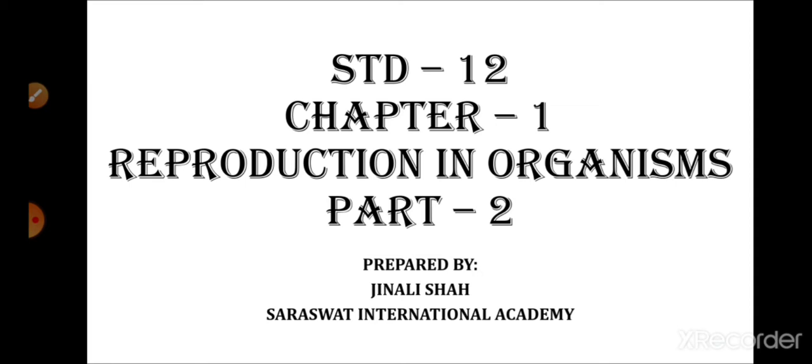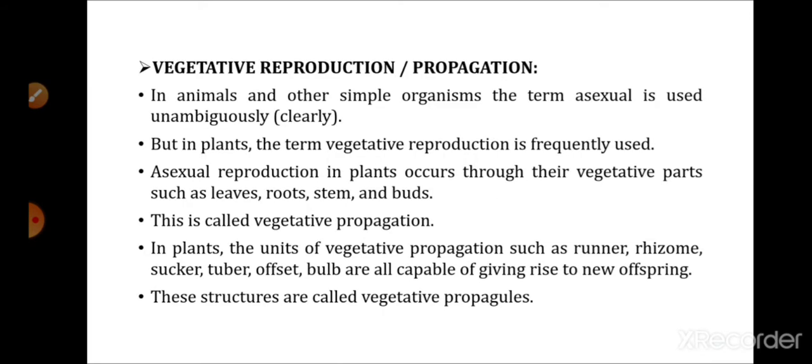In today's lecture also, we will continue with the process of asexual reproduction. Basically, today we will be studying reproduction in higher plants, how asexual reproduction occurs in higher plants. So, let us continue with the topic of asexual reproduction.